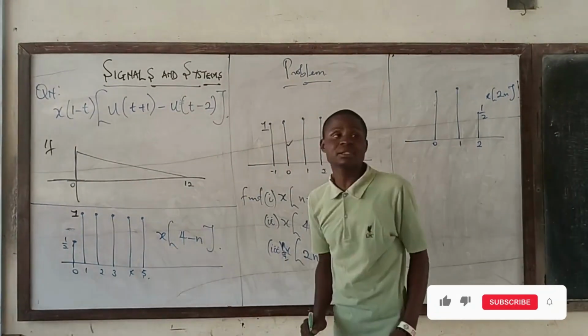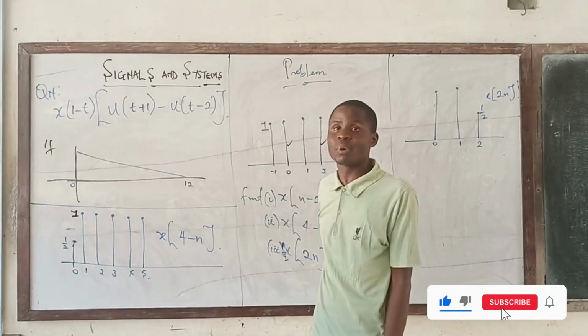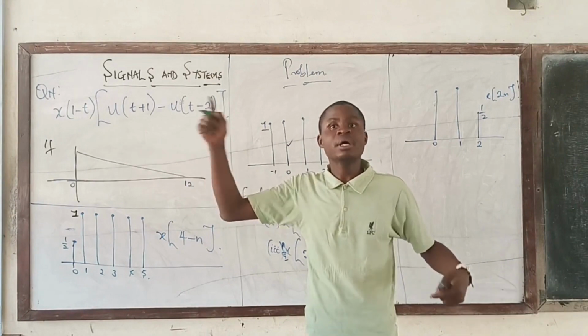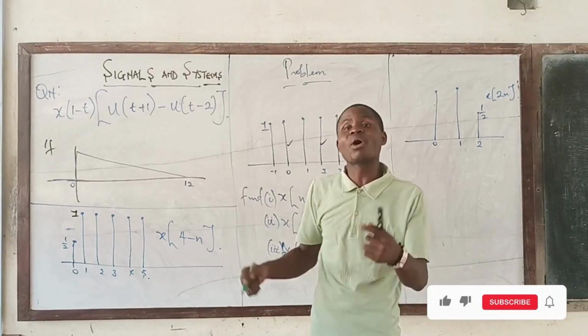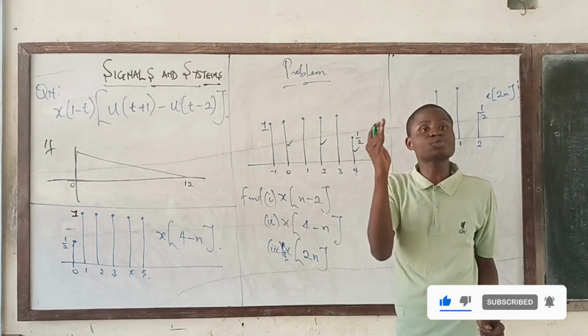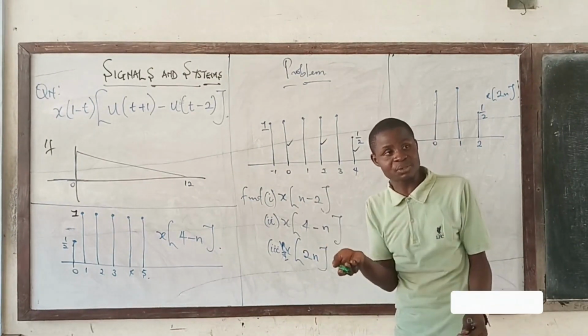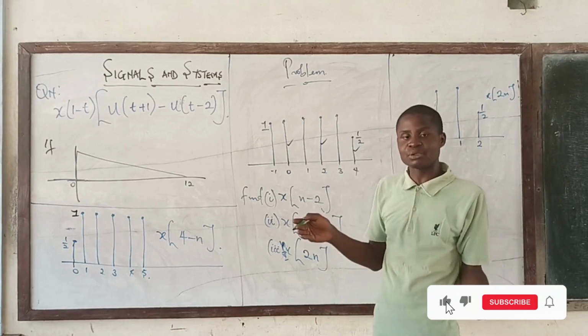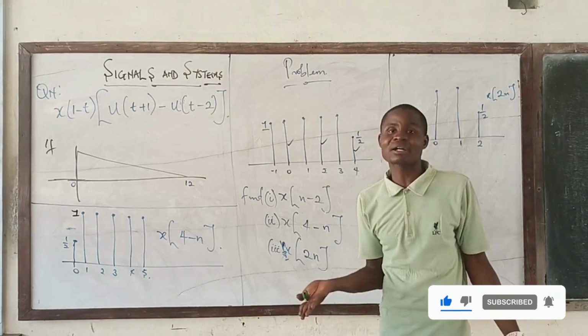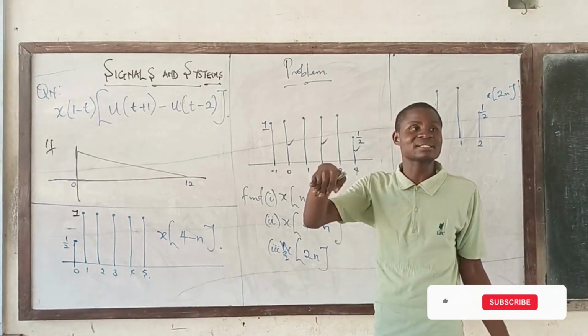In amplitude scaling, 2 times x of whatever is like I'm going to multiply it by 2, and 1/2 of this is going to be half. But in time scaling, it is the opposite. Whenever you see 2 appearing, it actually means you are dividing by 2. When you see k dividing your signal, that simply means you are going to multiply your signal by k.